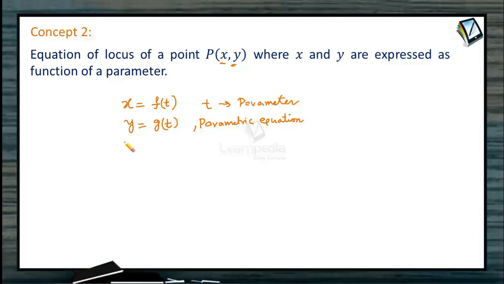The equation of the locus of this moving point (x, y) is obtained by eliminating the parameter. If I call these equation 1 and equation 2, then from equations 1 and 2, when we eliminate t, we get a relation which connects x and y, which itself becomes the equation of the locus of the moving point P. Then we call that equation the Cartesian equivalent of it.